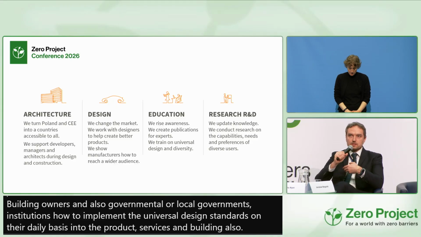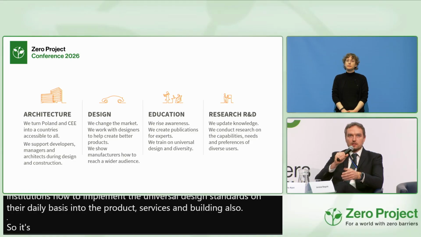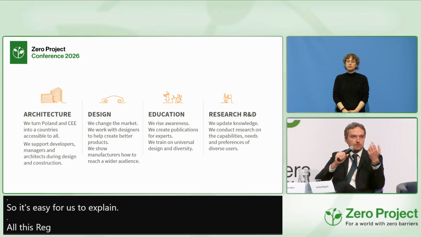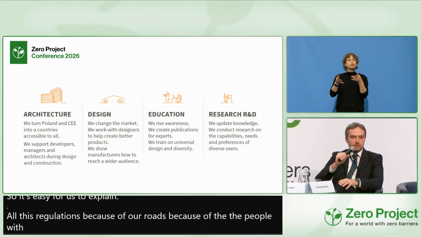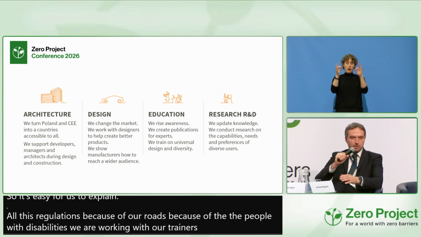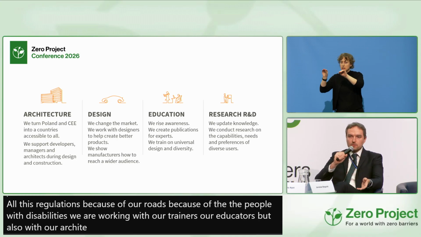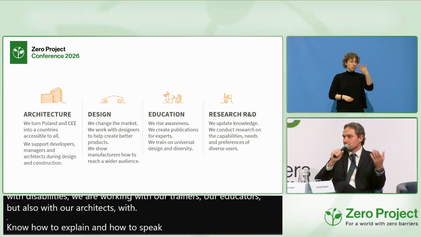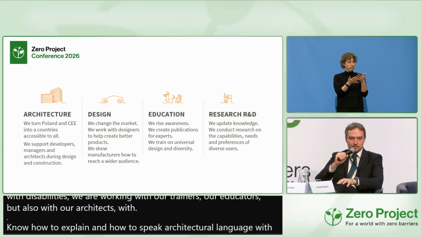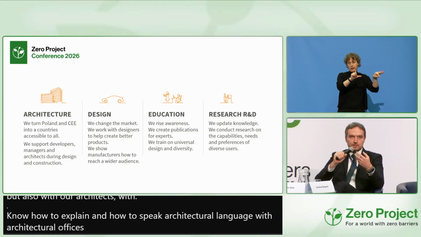So it's easy for us to explain all these regulations because of our roots, because of the people with disabilities we are working with, our trainers, our educators, but also our architects, who know how to explain and how to speak architectural language with architectural offices.